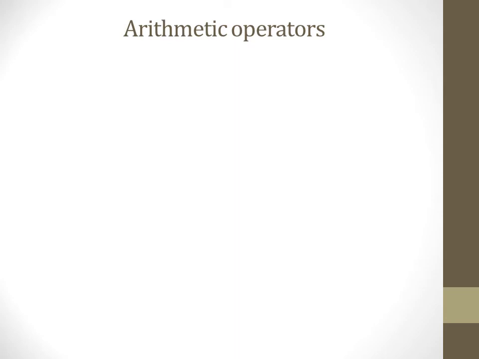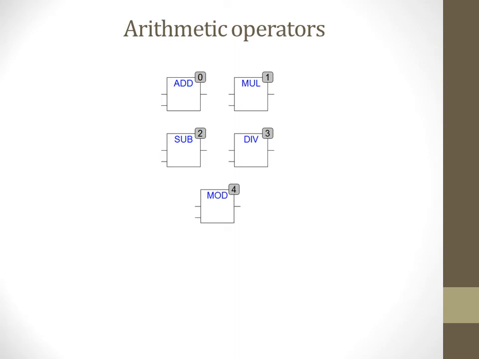So the next block of operators we call arithmetic operators. These are the basic arithmetic operators which we can use in our programming languages. These operators are designed for working with numbers.